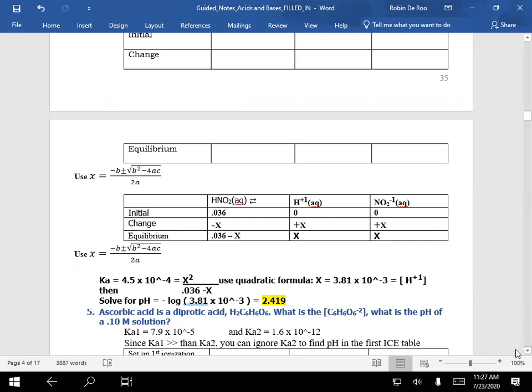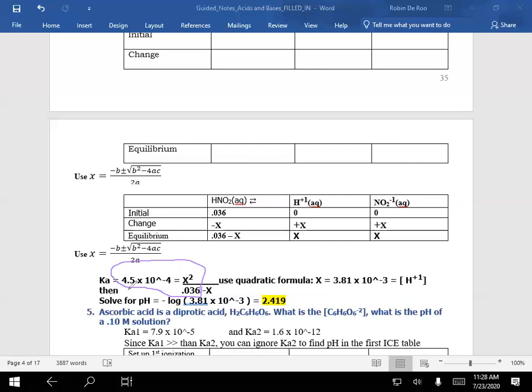The way that you would know to use the quadratic equation is that at first, you would go ahead and assume X is small. And then you would use just the regular setup to solve for X. When you solve for X, you always want to check to see if the 5% rule applies.